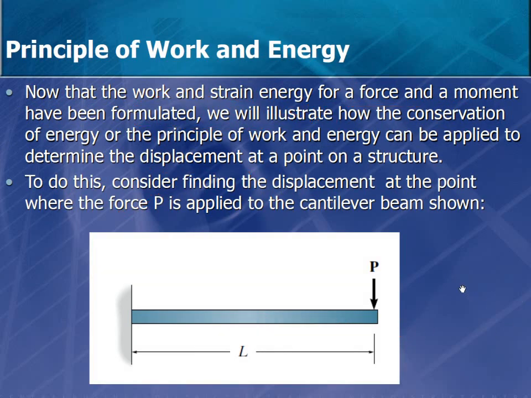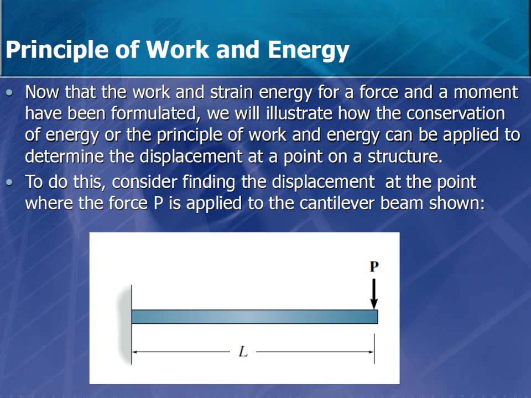Now, let's explain this one in a much easier way to see how we're combining those to find a deflection. Let's assume that we have a cantilever beam, total length is L, and I have a load acting on this end.